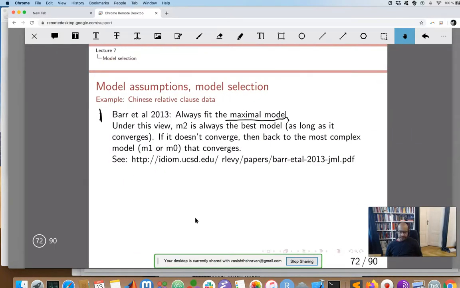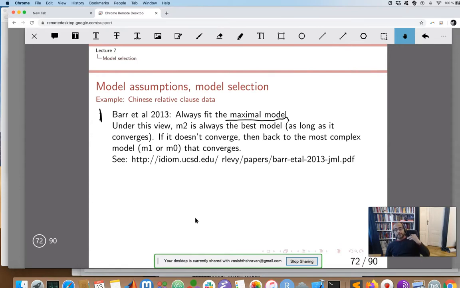Now, one caveat that they make in the paper is that if the model doesn't converge, and by non-convergence we are talking about things like the singularity warnings, the +1 -1 correlation, all that stuff, so if you get a warning or indications of singularities in the variance covariance matrix, you can consider simplifying the model. But the default assumption should be to try to fit the most complex model that you can.